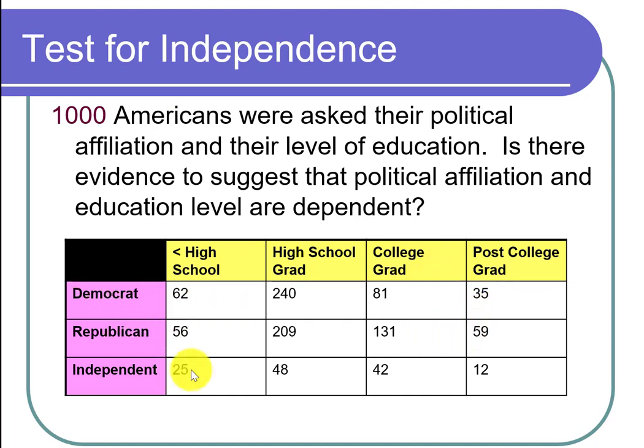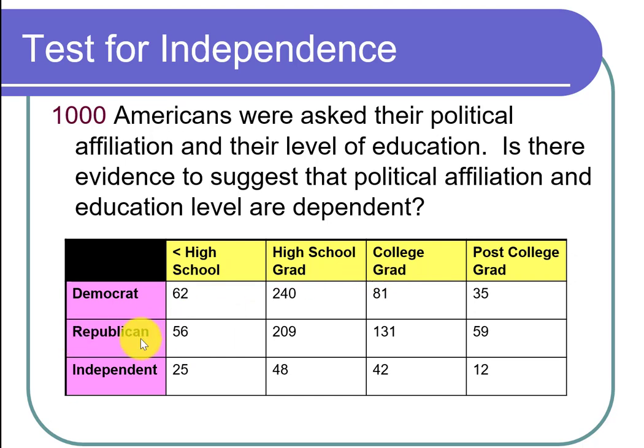Notice that both of the survey questions are qualitative. The first is, what is your political affiliation? And the second is, what was your level of education? And, my level of education was post-college grad, okay? And I'm a Democrat. Okay, yours might be, maybe you're a college grad and you're a Republican.